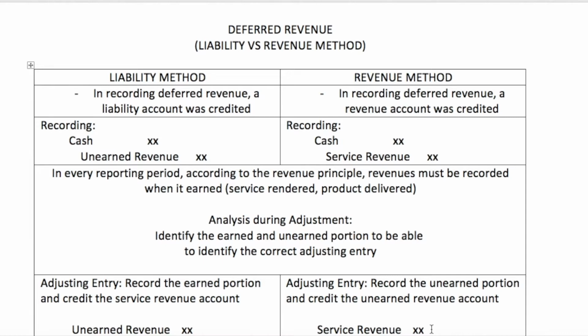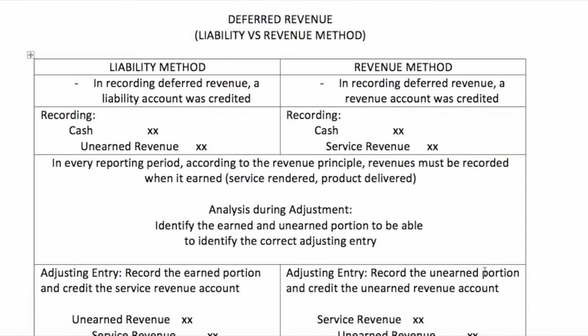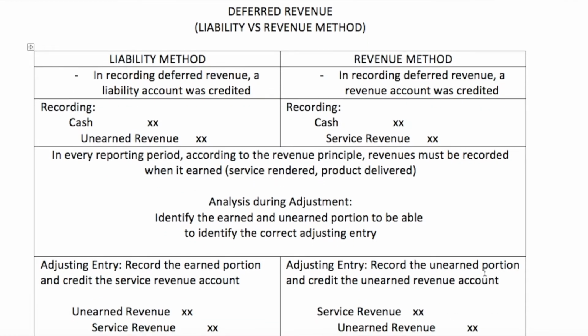So there could be initial entries in the company that would need an adjusting entry at the end of the period. Okay, and I will be discussing the two most confusing parts in this video.